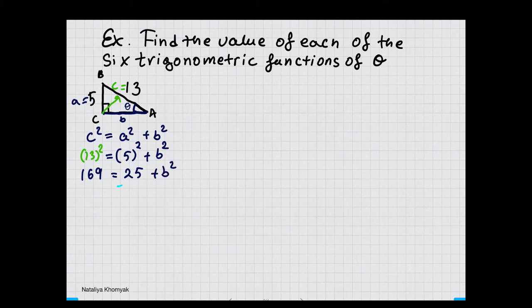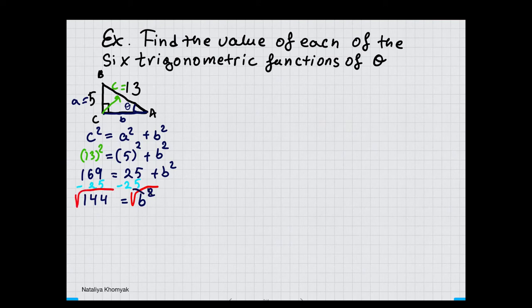Let's solve for b. Minus 25 minus 25. So we have 144 equals b to the second. Second power will cancel out with the square root, so I'm going to take the radical on this side. Whatever I do to one side, I'll do the same to the other side. So square root on both sides.